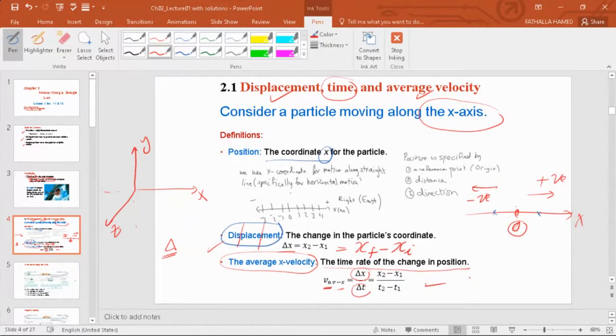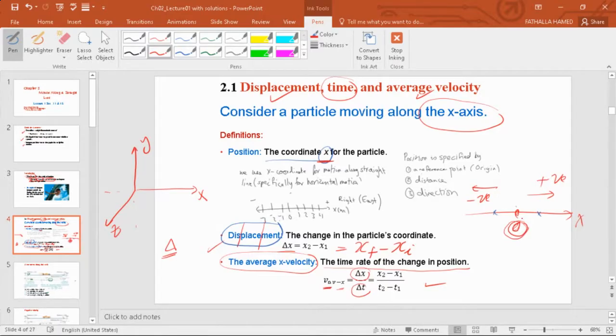So in this slide here, we're only looking along one dimension, which we call 1D, or a straight line motion, and we only pick the x-axis. You can choose the y, you can choose the z as well, but we pick the x-axis, and we define the position x, and this position x is basically defined relative to some reference point, which is the origin.